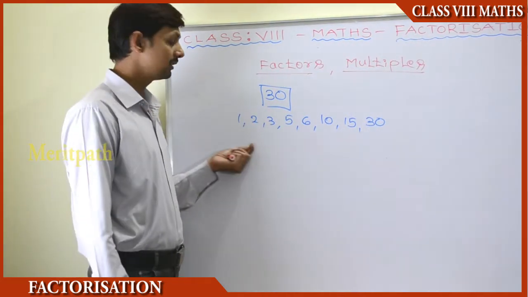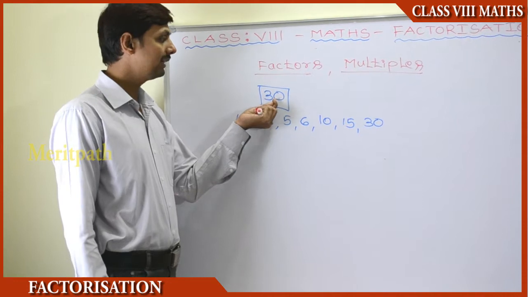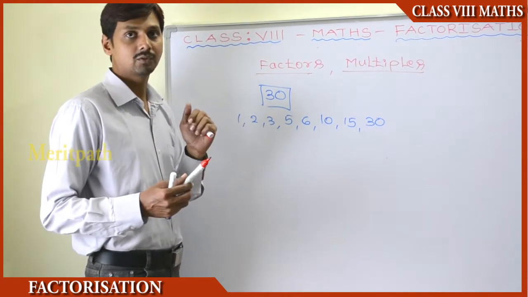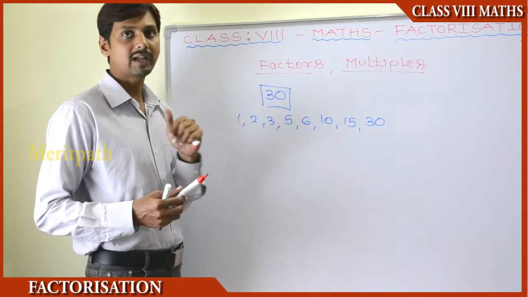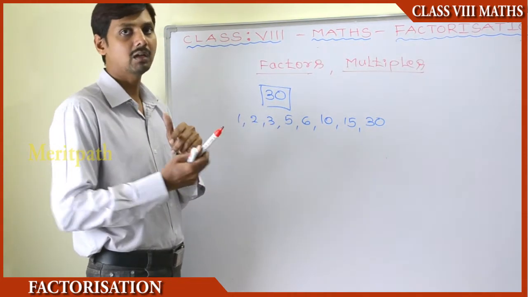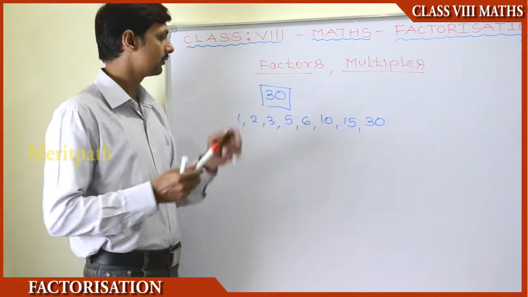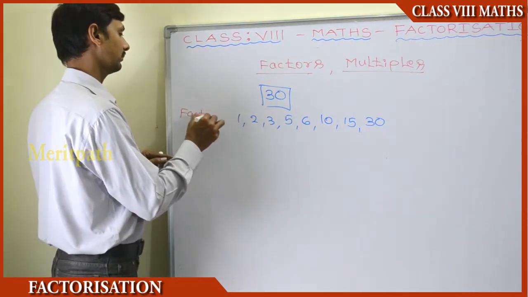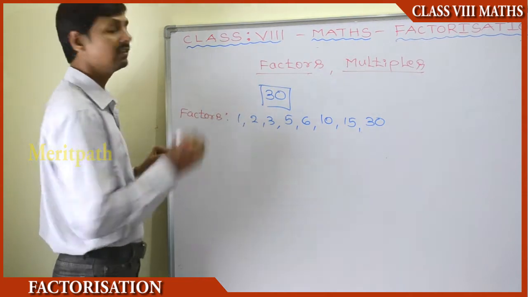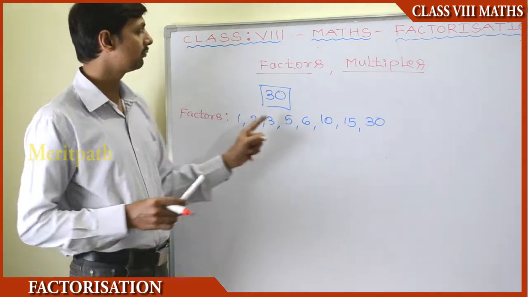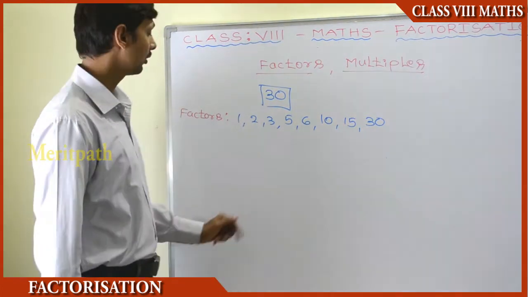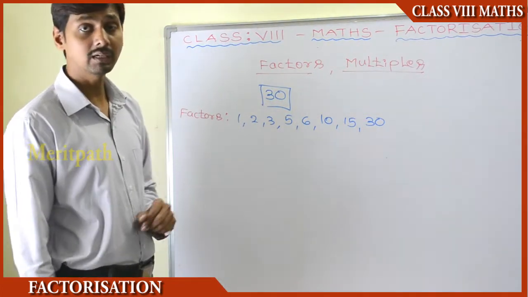After dividing by all these numbers, we get results that are completely divisible, so these are called factors. When we divide by some number and there is no remainder, these are called factors of 30: 1, 2, 3, 5, 6, 10, 15, 30.